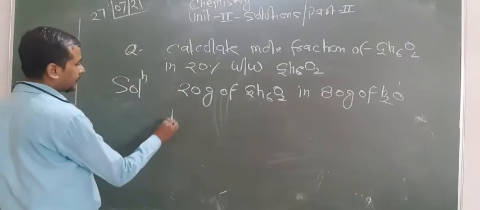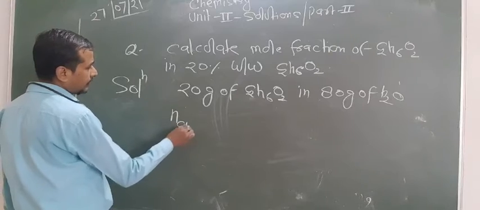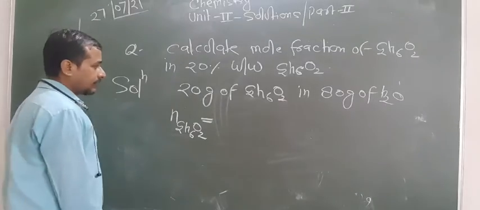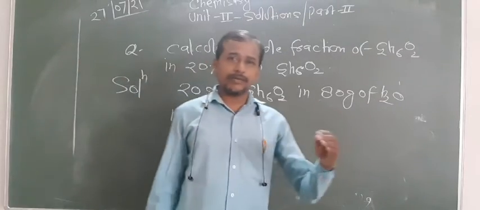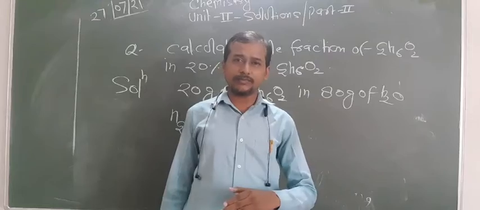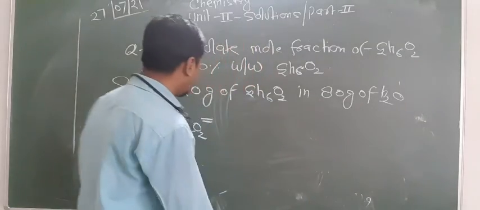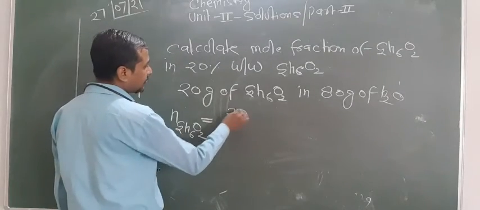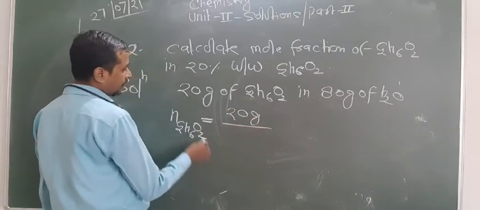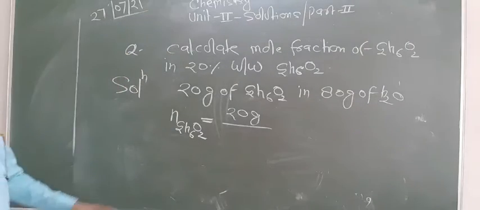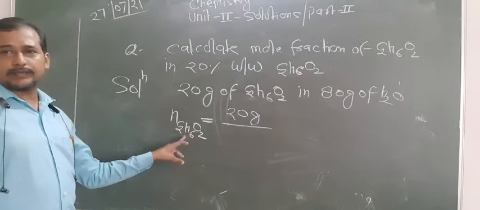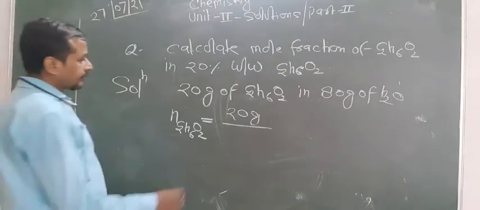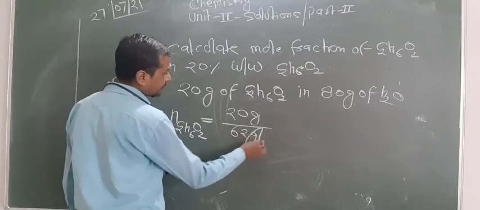Now we have to find the number of moles of ethylene glycol. You know the formula: number of moles is mass divided by molar mass. Here these are molecules, so we write mass divided by molar mass. The given mass is 20 gram, and the molar mass is calculated from the mass of 2 carbon, 6 hydrogen, and 2 oxygen, which gives 62 gram per mole.